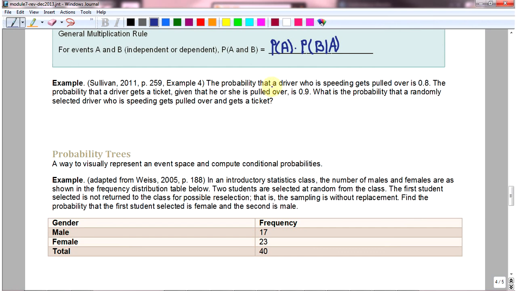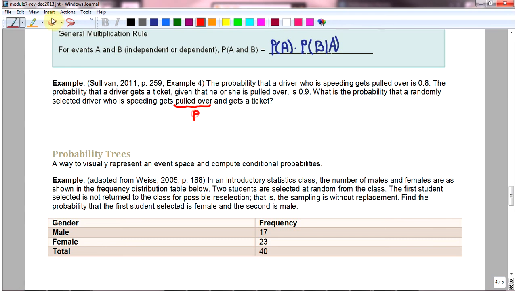The probability that a driver who is speeding gets pulled over is 0.8. The probability that a driver gets a ticket, given that he or she is pulled over, is 0.9. What is the probability that a randomly selected driver who is speeding gets pulled over and gets a ticket? Okay, so gets pulled over.